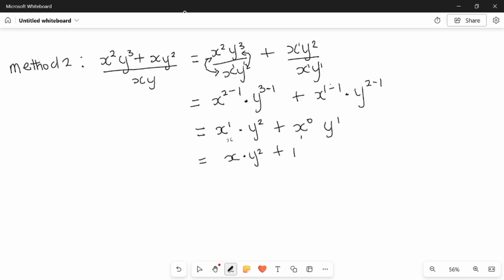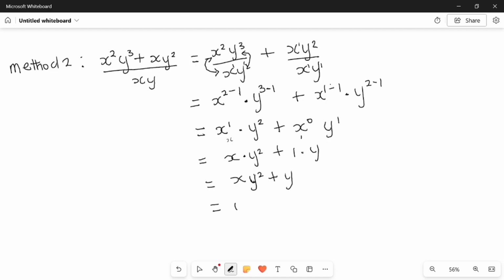So now be y times y. So we'll now get that our final answer is x y square plus 1 times y. So this can be our final answer, but if you want to further break it down by factorizing, we will now have that y is common between both of them.